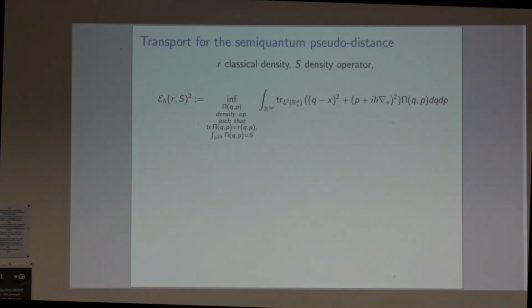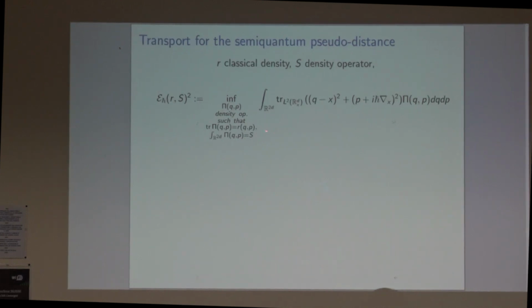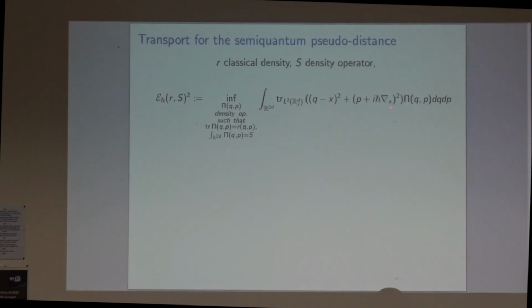Okay, so what it is, very quickly, is this semi-quantum pseudo-distance. As I told you, I will now take some of the things that I'm going to quantize. That is, on one side, for psi, I'm going to have S and gradient of X quantized.